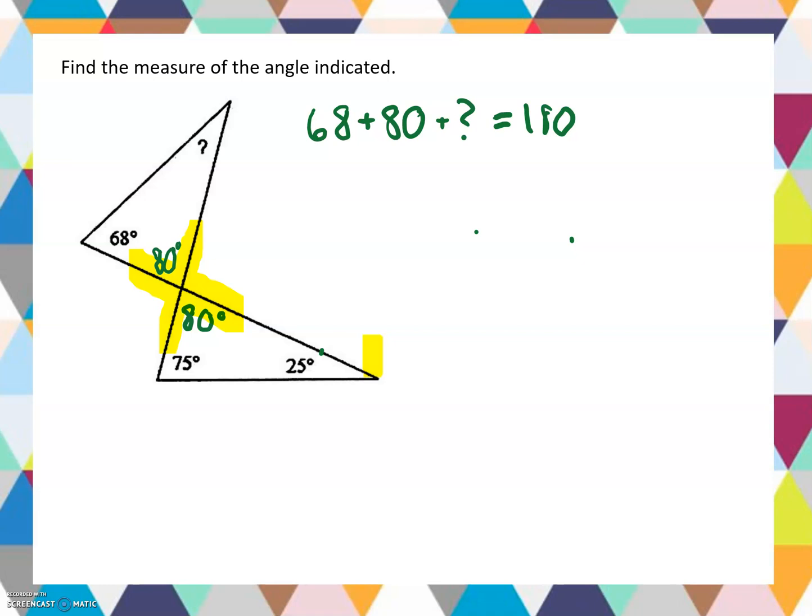Right? And when you actually go through the math of this, you'll find that this missing angle ends up to be 32 degrees. So we can go ahead and label our diagram, and we're done.